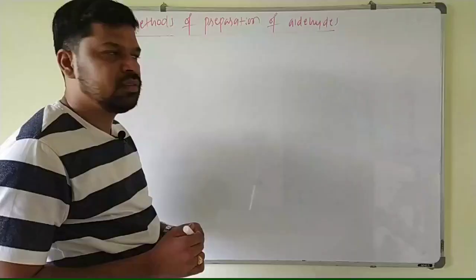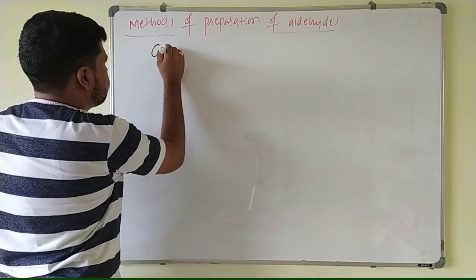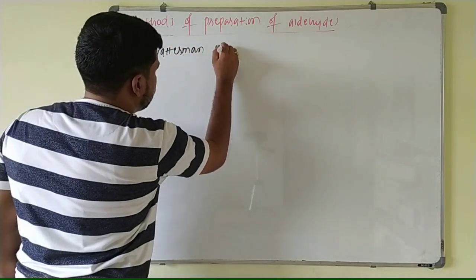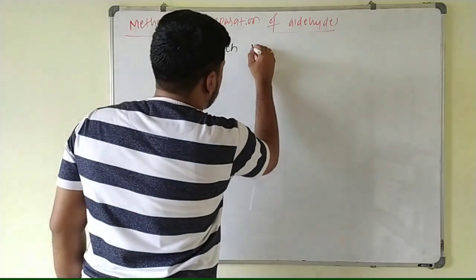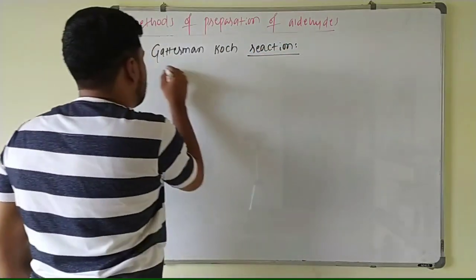Next one. The next method is the Gattermann-Koch reaction. This is a method for the preparation of benzaldehyde.